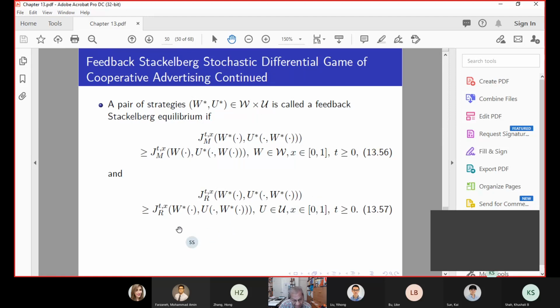The right-hand side says that if this guy keeps w star, doesn't change his action, the subsidy rate, but that guy changes his response function from u star to u. Remember, u is operating at w star because w star is not changing. So for any u in script U and any x, this function is better than this function.